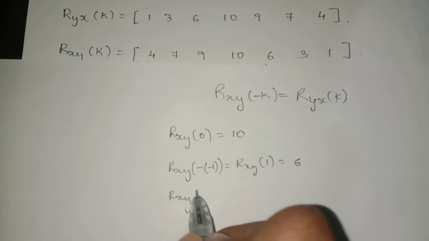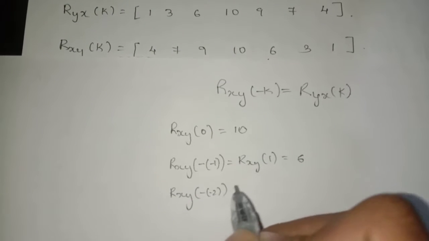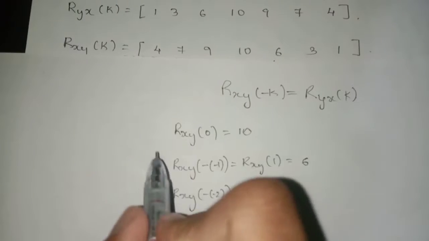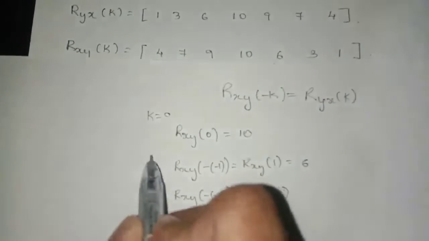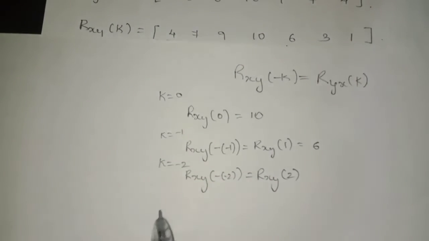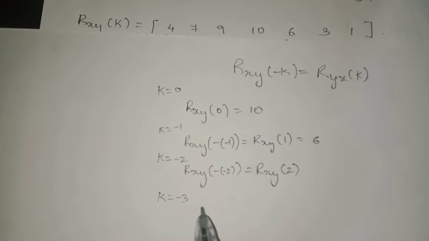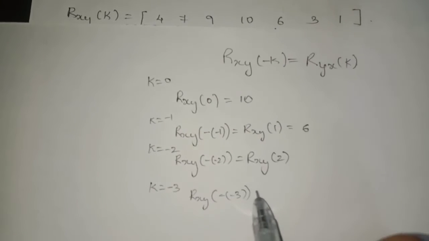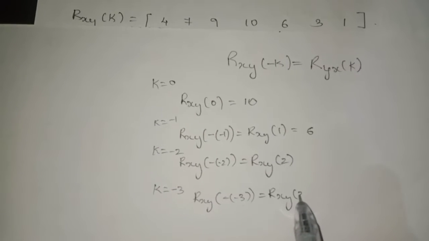Similarly, Rxy of minus 2 will be Ryx of 2. Here I am substituting the k values. K will be 0, k will be minus 1, k will be minus 2. Then when k equals minus 3, Rxy of minus 3 will be equal to Ryx of 3.